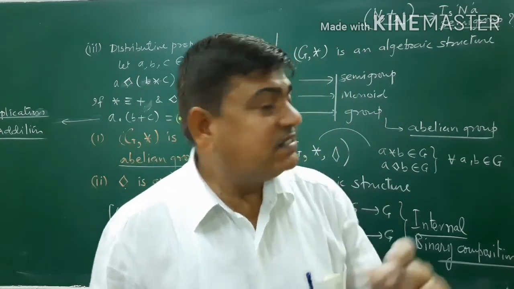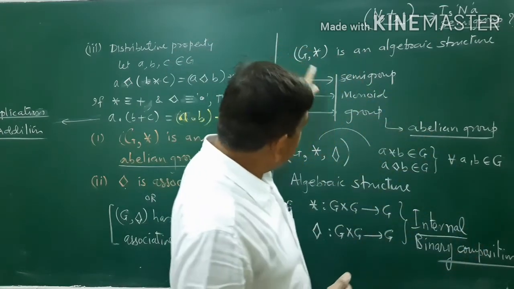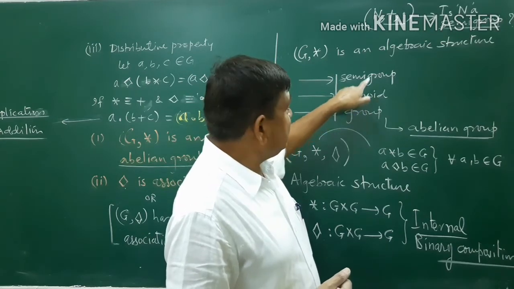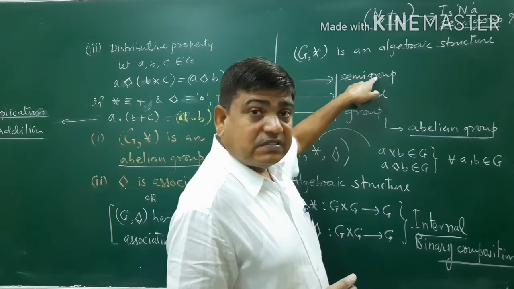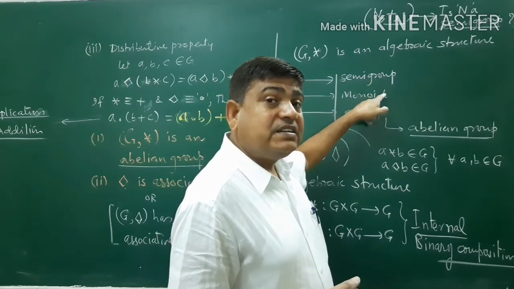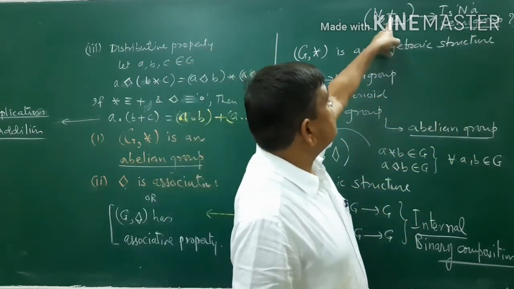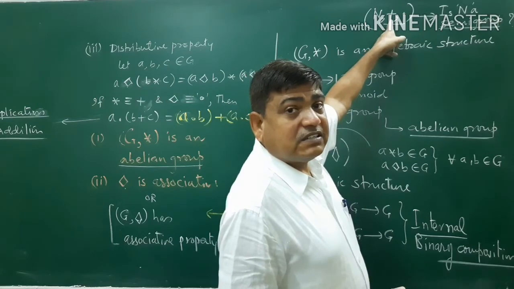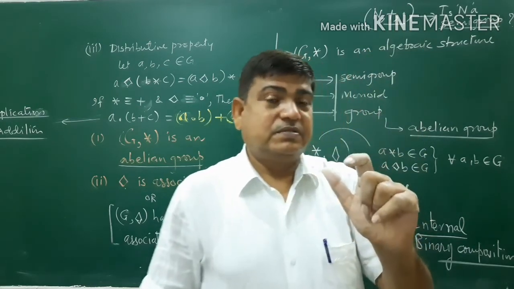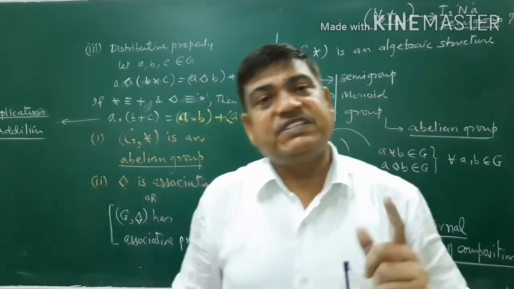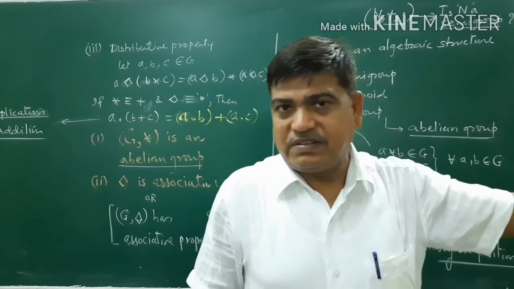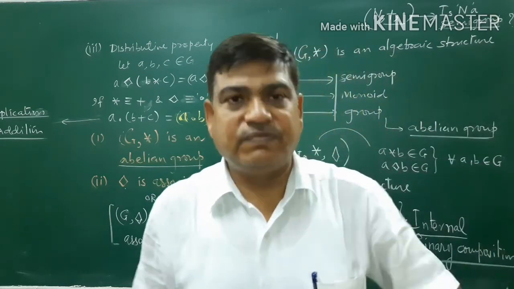The set is a monoid if it is associative and an identity element exists. Remember here the operation is plus and 0 is that number which when added to any number, the answer is the number itself.